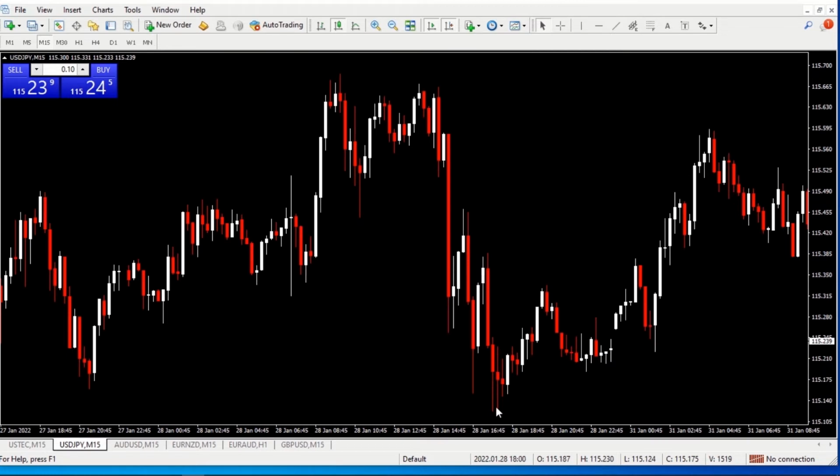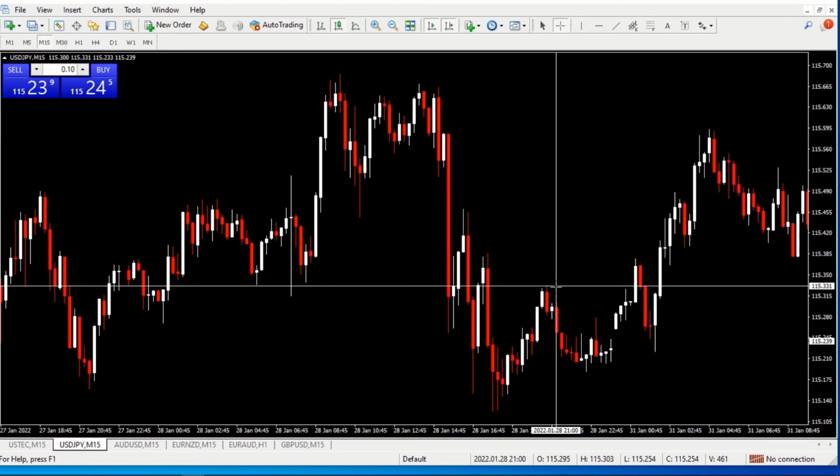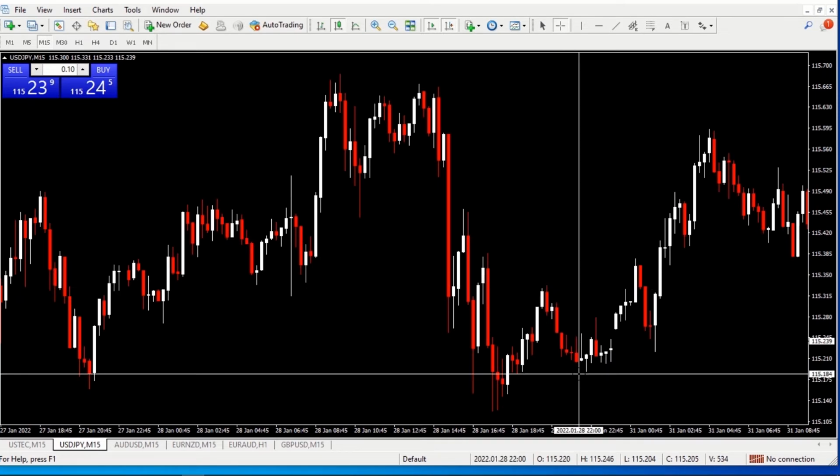As price came to the discounted price level, it made a swing high a bit to this point of interest and then came down a bit, got rejected, then came down a bit and traded into a bullish order block.